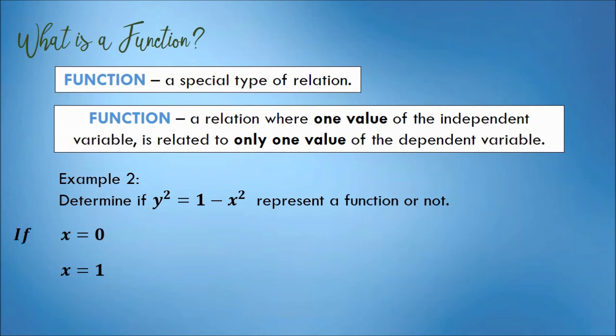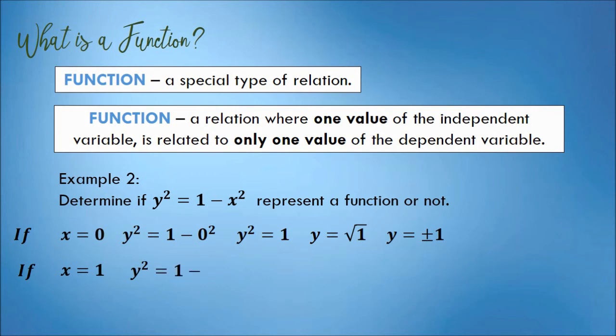If x is equal to 0, then y is equal to positive 1 and negative 1. If x is equal to 1, then y is equal to 0.